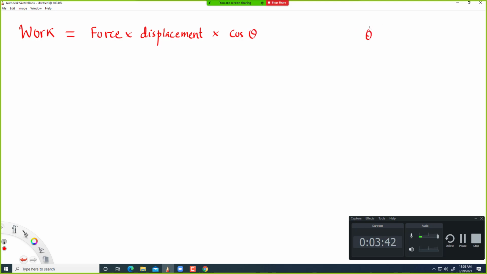This theta is the angle between force and displacement. Displacement is denoted by delta x. So we can write this as W equals F times d cosine theta.